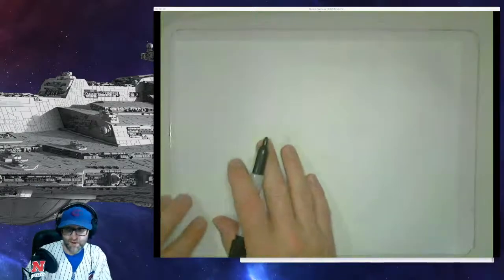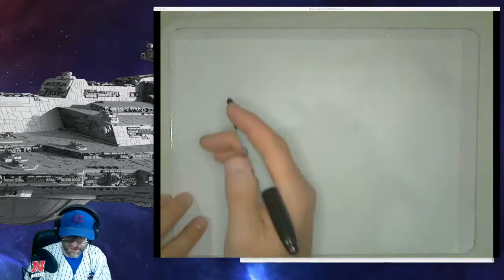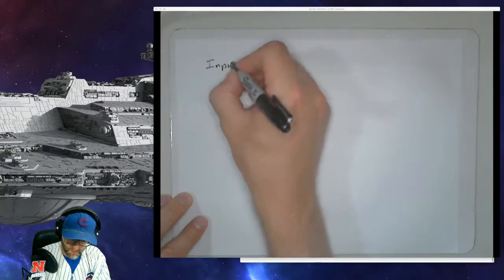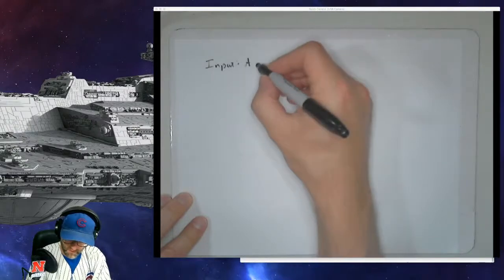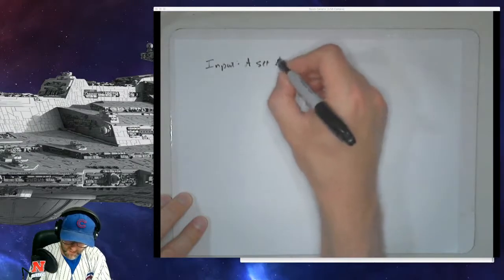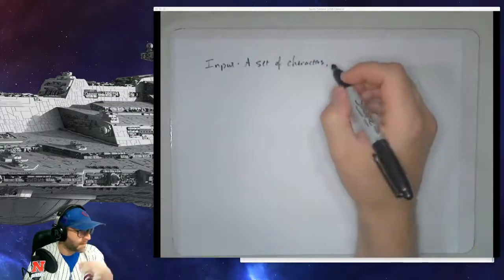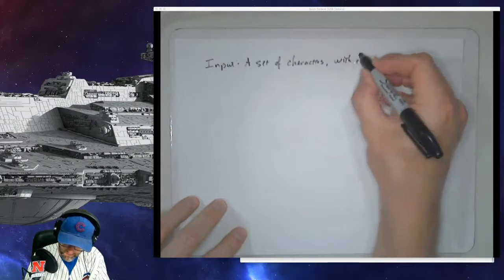So again, the basic CS1 stuff: you'd have to go through and analyze the file and come up with all of the frequencies. But once you've got the frequencies, we'll assume that they're part of the input. The input is going to be an alphabet, a set of characters, with frequencies.